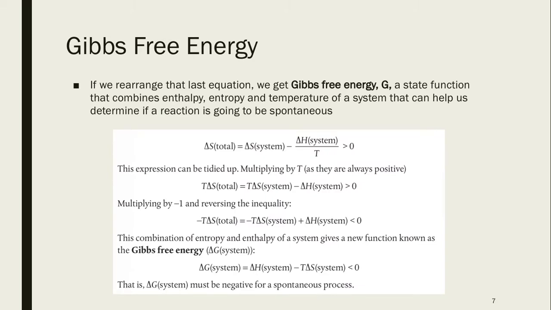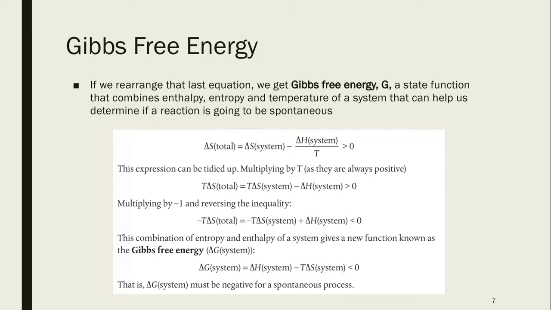Now what this all leads to is, if we rearrange the last equation, we get Gibbs free energy, given by the letter G, a state function that combines enthalpy, entropy, and temperature of a system that can help us determine if a reaction is going to be spontaneous.